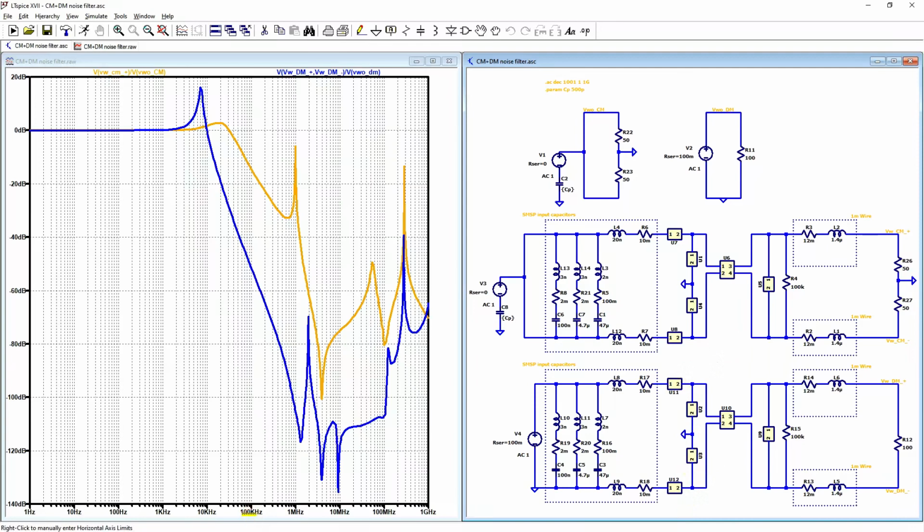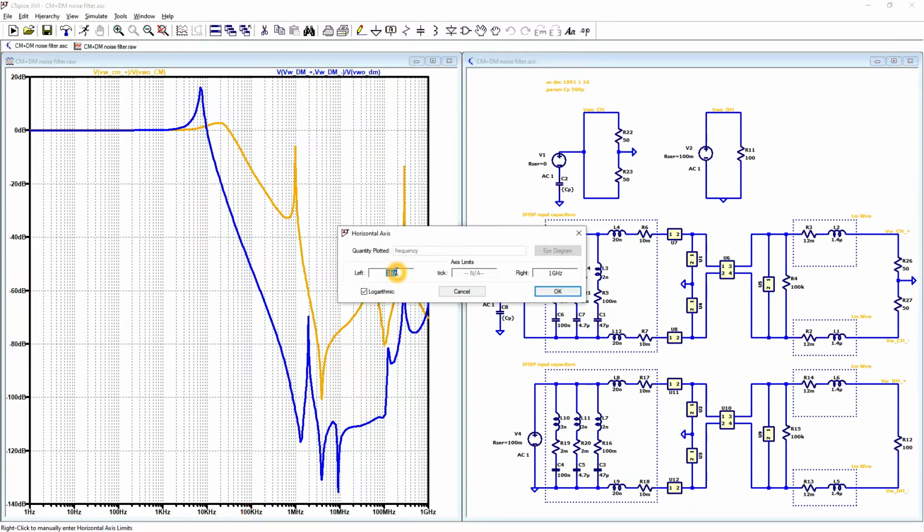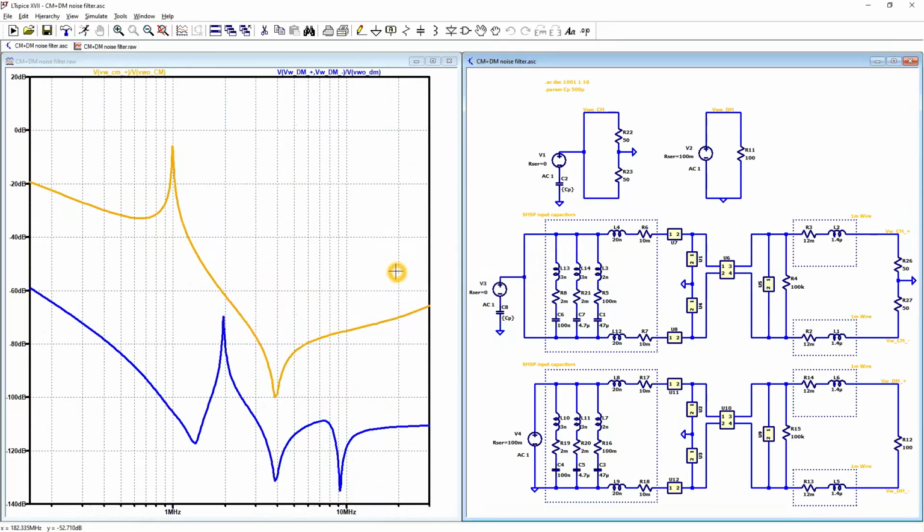Let us have a closer look in the conducted emission bandwidth. We can see that we have some attenuation of conducted noise from 150 kHz, and at 1 MHz we have a resonance peak that is not so good because we can have some amount of conducted noise here, and we are close to 0 dB, so no attenuation at all.